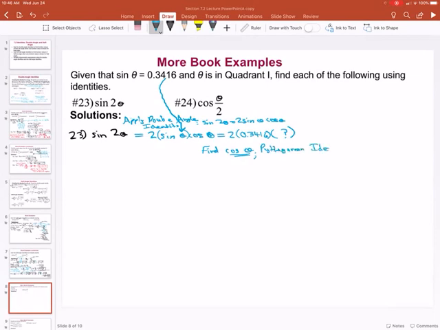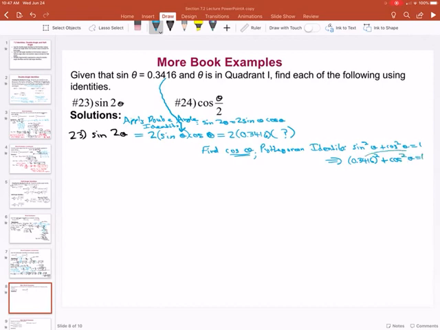I'm going to review back to the beginning our fundamental identity. We all know that sine squared theta plus cosine squared theta equals 1. So that implies 0.3416 squared plus cosine squared theta equals 1.